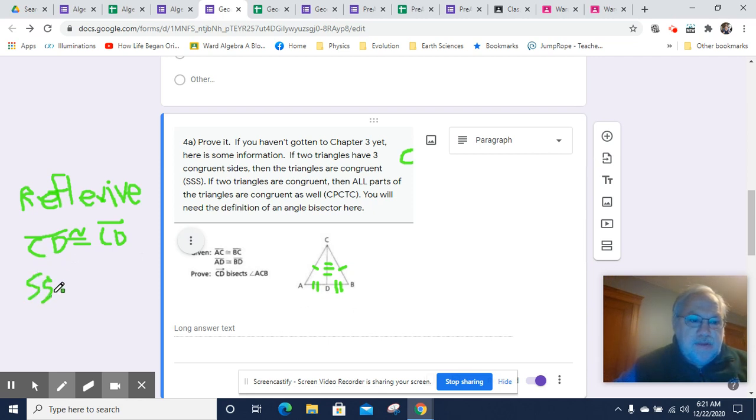Once we've proved side, side, side, we can prove that triangle CAD is congruent to triangle CBD.